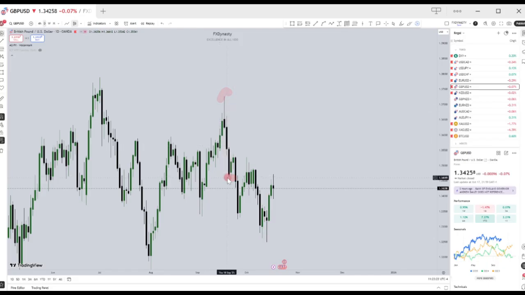A high probability order flow leg. Swing high, swing low, first fair value gap, we decided to respect it and we drop. We create another fair value gap here. Swing high, swing low, a high probability order flow leg. We retest it and we dropped again.